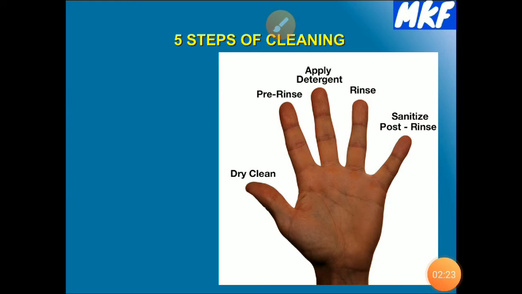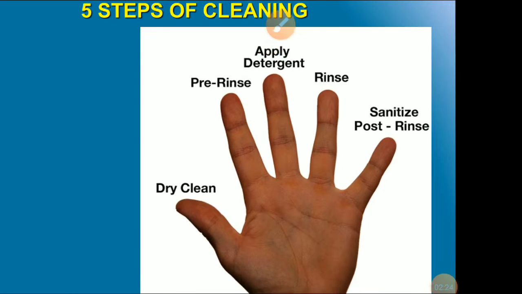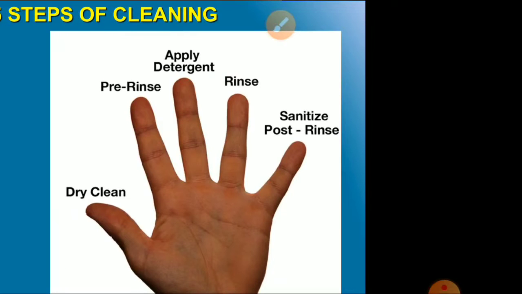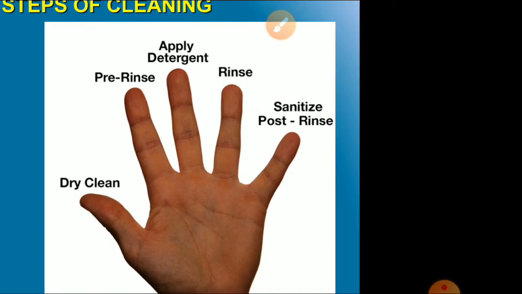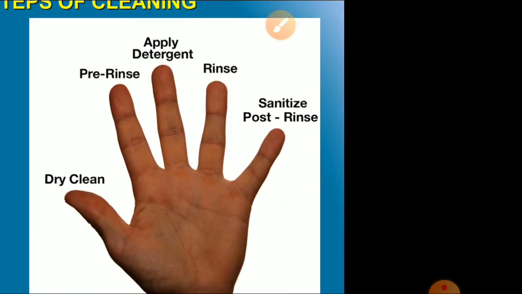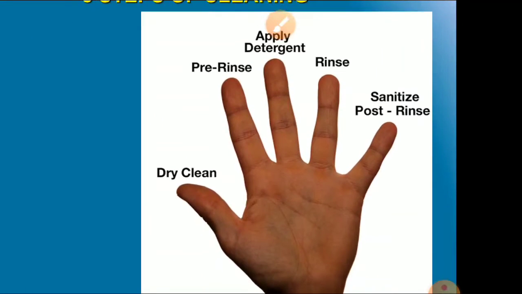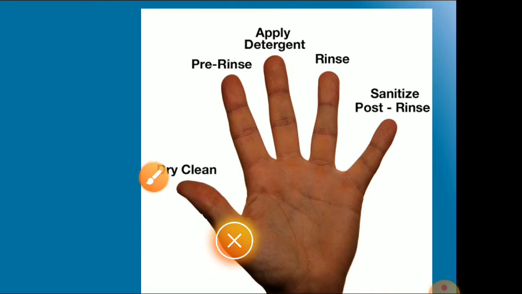This is the five steps of cleaning. Why? Because the workers can easily understand the method. First, the finger one, this is dry cleaning. They have to dry clean the food contact surfaces, utensils, or floor.